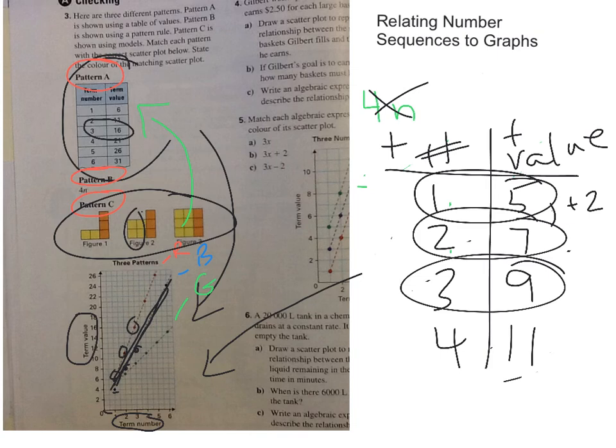Let's go over to 1 on our graph, and we should be going up to the 5 for the first ordered pair. That's right there. The second ordered pair is 2, 7: go over to the 2, up to the 7, which is there. The third ordered pair is 3, 9: go to the 3, up to the 9, which is there. So you can tell it's following this pattern. So we know that green is associated with pattern C.